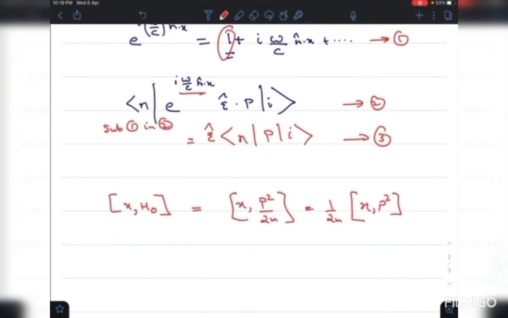It is nothing but i h cross 2p by 2m. So it is equal to i h cross p by m. So if it is x, you can say that it is px.